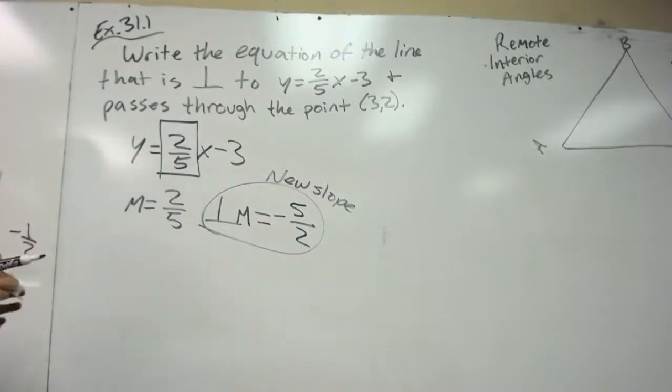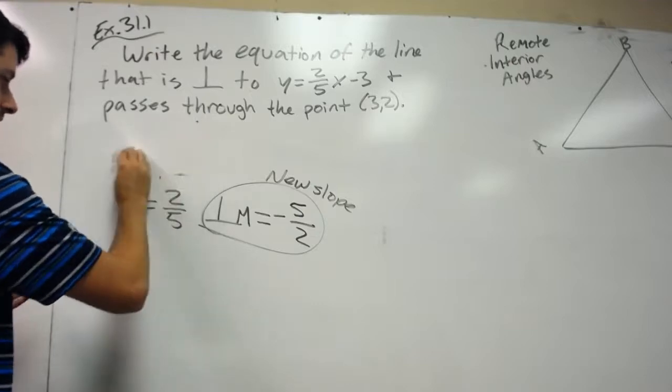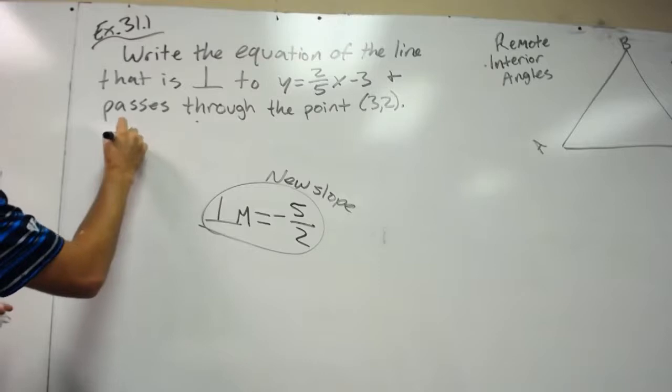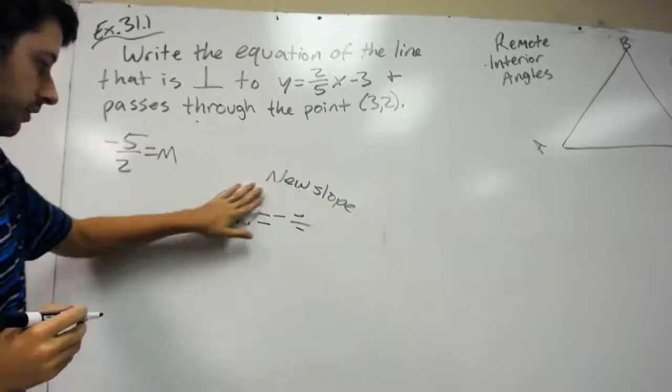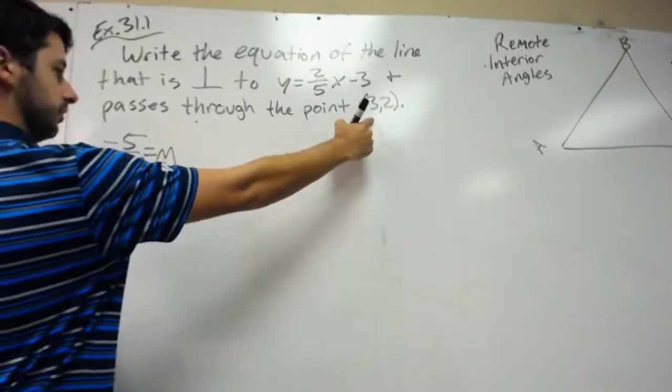So now, let me erase this. I'm going to write -5/2 equals m over here. And now we have the point (3, 2).